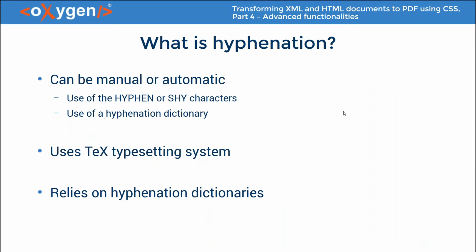So now let's dive directly into today's agenda. First, we will learn what hyphenation is. Hyphenation is the way to separate words into syllables in order to make them fit inside a whole line of text.